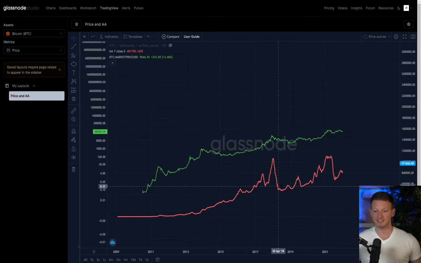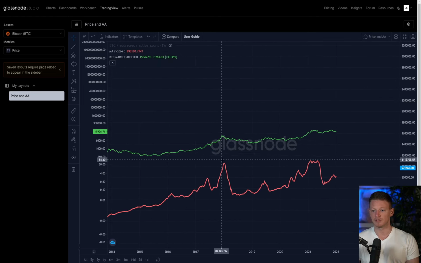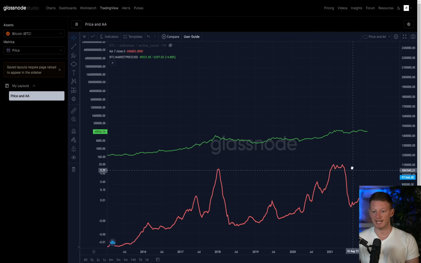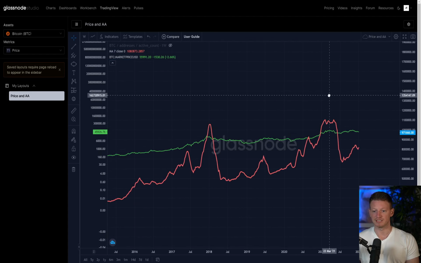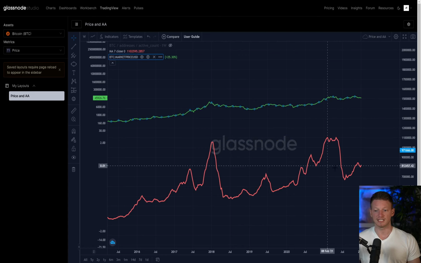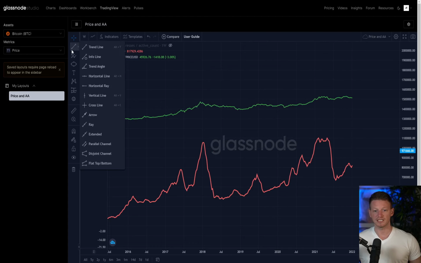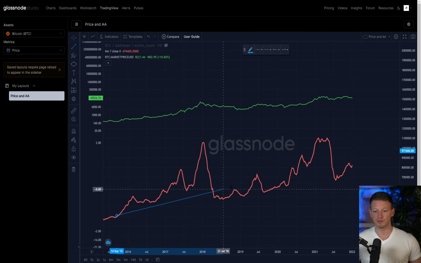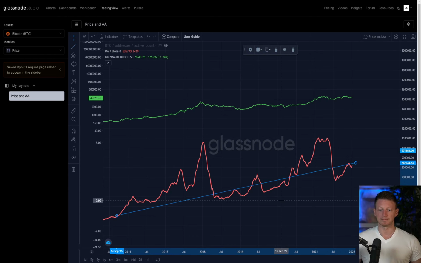So as this orange line here increases over time, what we see is that the price is also increasing. And while we aren't currently sitting at an all-time high for the number of active addresses, what we are seeing is that this value is trending up over time.